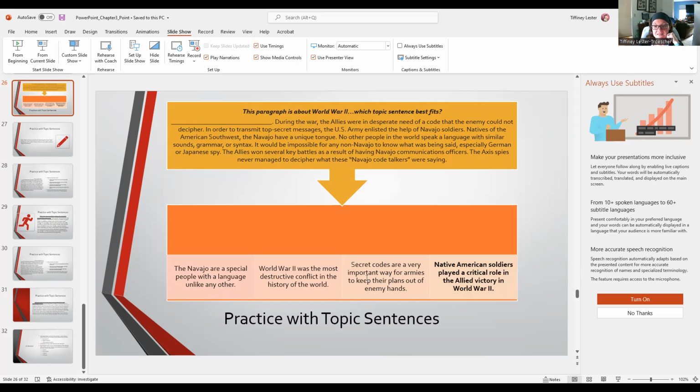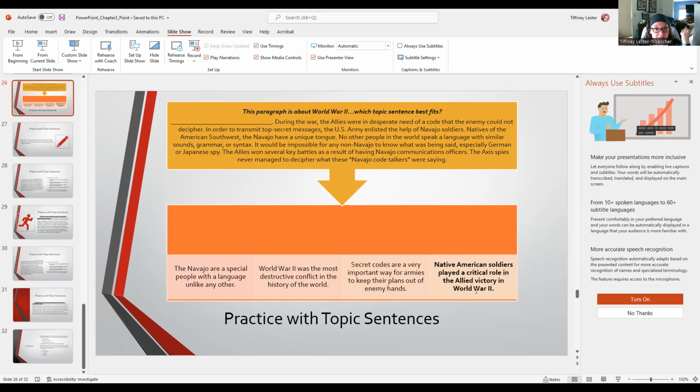So let's look at this option right here. Native American soldiers, i.e. the Navajo, played a critical role keeping codes out of enemy hands because of their unique language, played a critical role in the Allied victory in World War II.